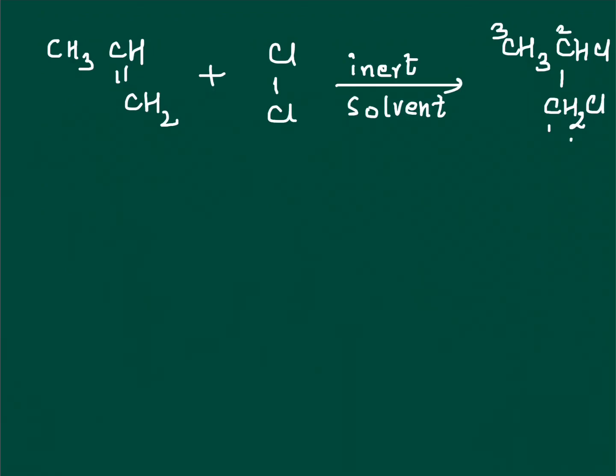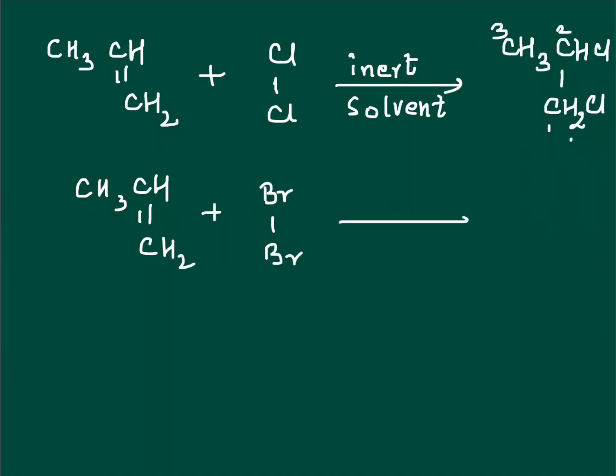Similarly, the reaction can also be written as CH3CH double bond CH2 plus bromine. You may do this reaction when you start the practicals in the laboratory. Bromine adds across the double bond. If you take bromine in carbon disulfide, maybe the common inert solvent we use, the solution is orangish, reddish brown in color.